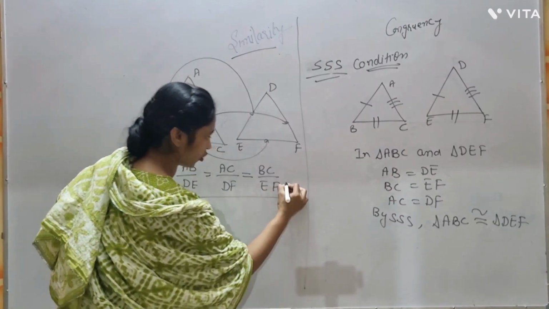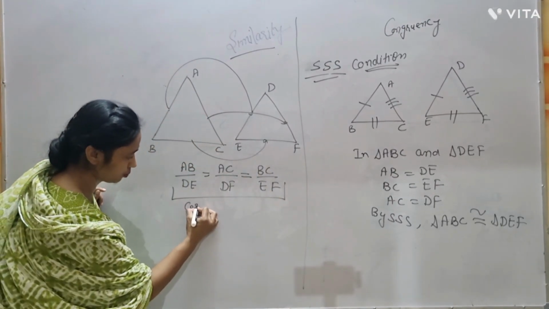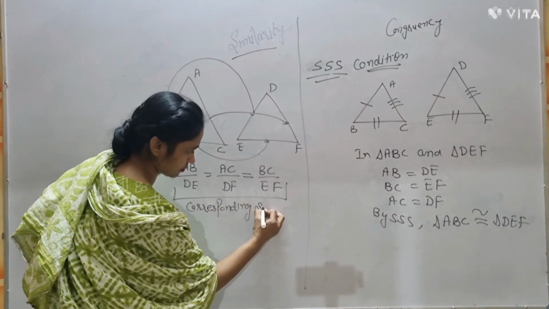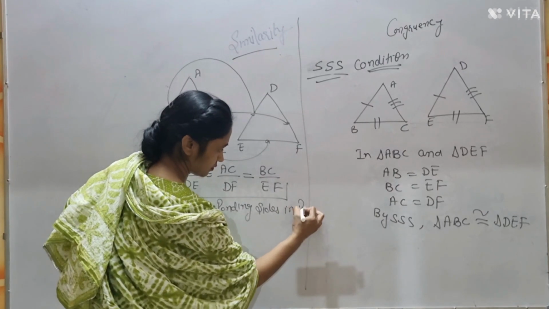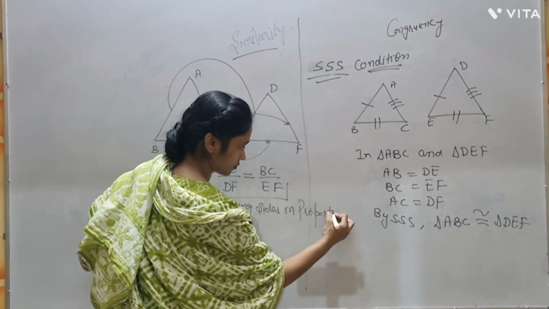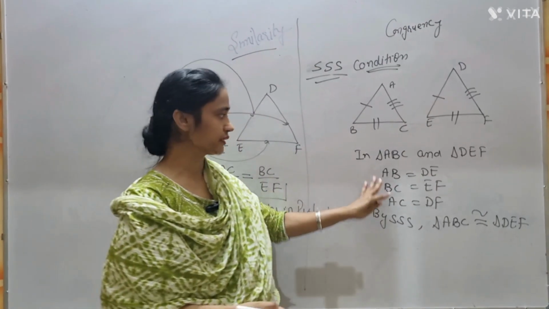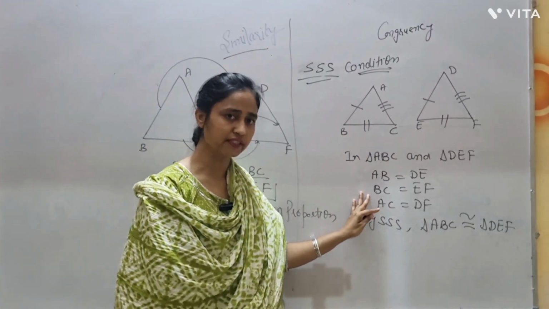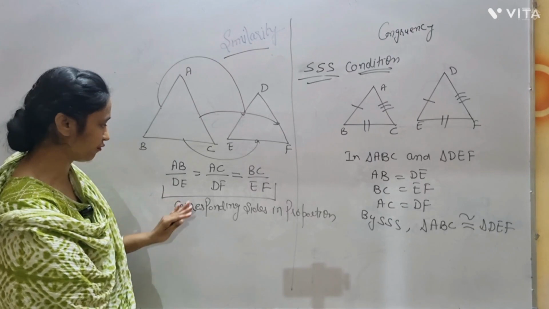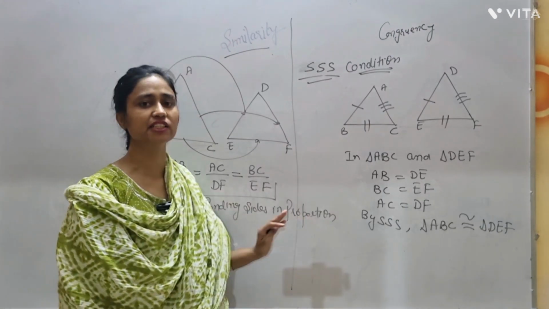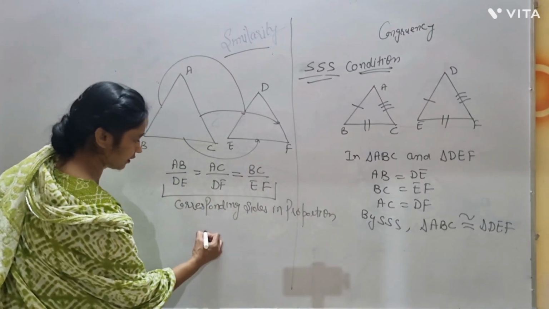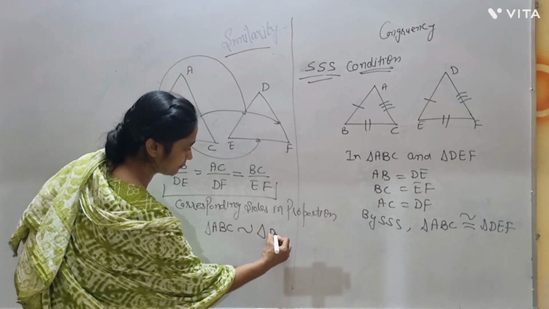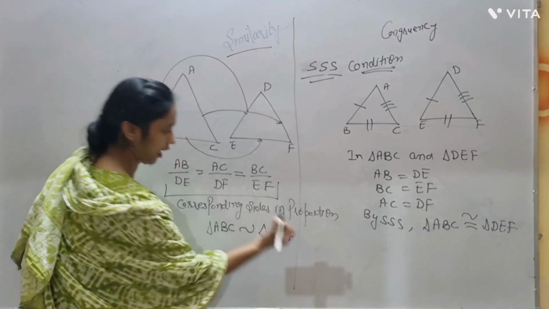Here we have written the corresponding sides in proportion. In congruency we have equated the corresponding sides; in similarity we have written the corresponding sides in proportion. Here we will write that triangle ABC is similar to triangle DEF.